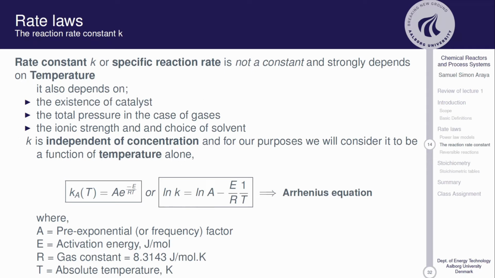Then we have the gas constant, and the absolute temperature, T, in Kelvin, and when it varies, our rate constant also varies. So the Arrhenius equation determines how our rate constant depends on temperature.